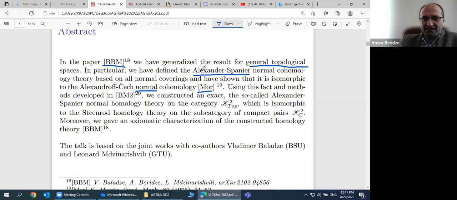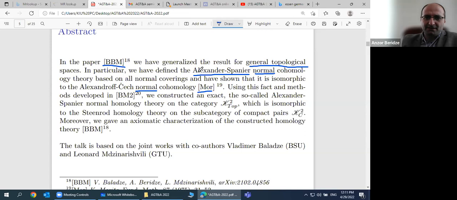And if we do the same approach for Alexander-Spanier cohomology, then we will obtain Alexander-Spanier normal cohomology. But this is not a new one, because we will prove that this cohomology and Morita cohomology are isomorphic. And we need this isomorphism to prove the uniqueness theorem of exact homology theory.